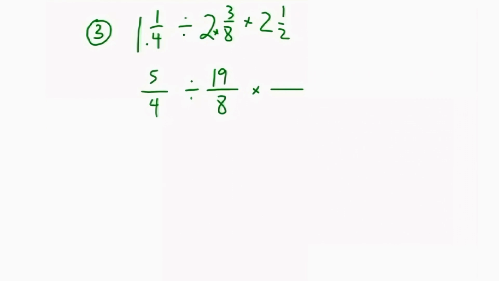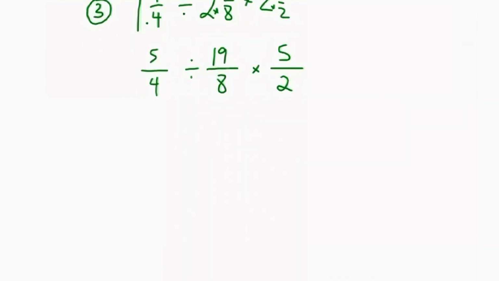And now 2 times 2 is 4, 4 plus 1 is 5 halves. The next thing we have to do is make sure that they're all multiplied. Remember, we can't reduce until all the signs are multiplication. So now we have 5 fourths divided by 19 eighths times 5 halves.